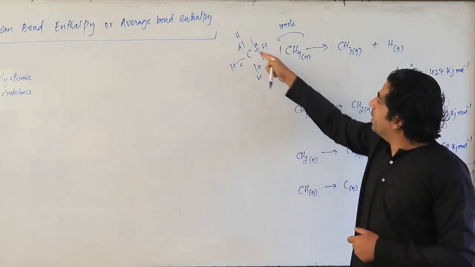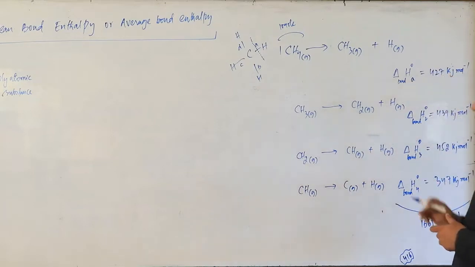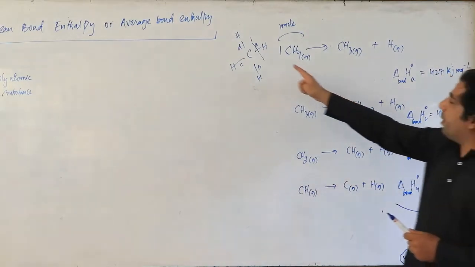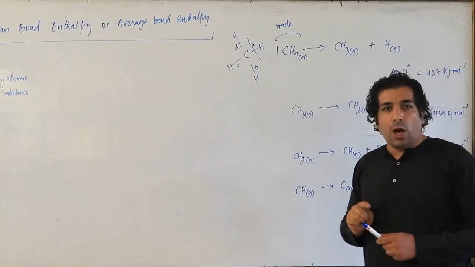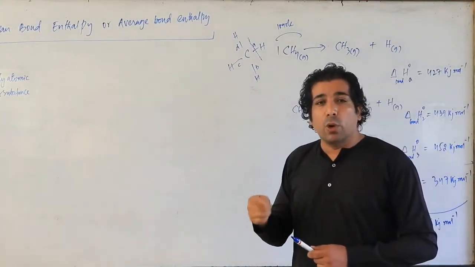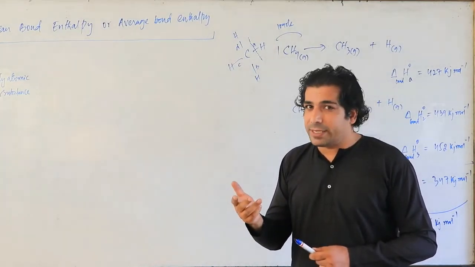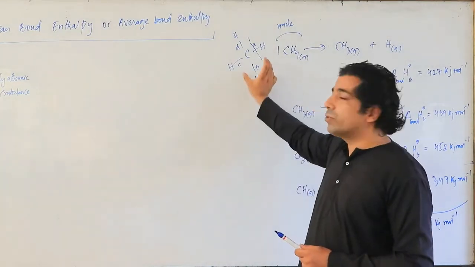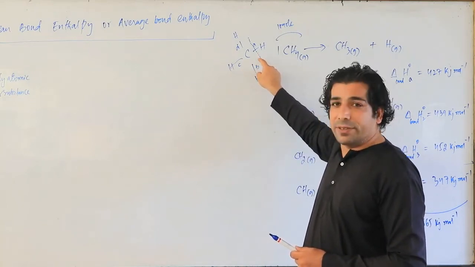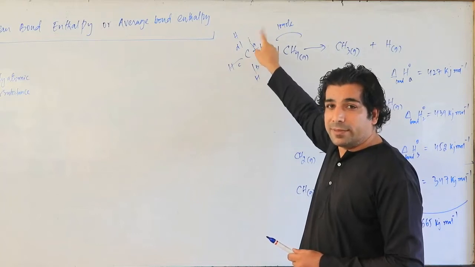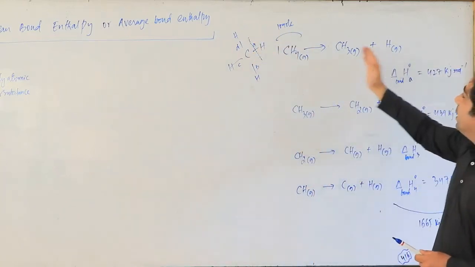Let's suppose you are breaking this A. So let me mention this in place of 1, I will mention it as A. So when you are breaking 1 single bond here in 1 molecule, or you are breaking 1 mole of single bonds in 1 mole of methane. Yes? So my dear friends, if this is 1 mole, then you are breaking 1 mole of single bonds here. Which single bonds? A.